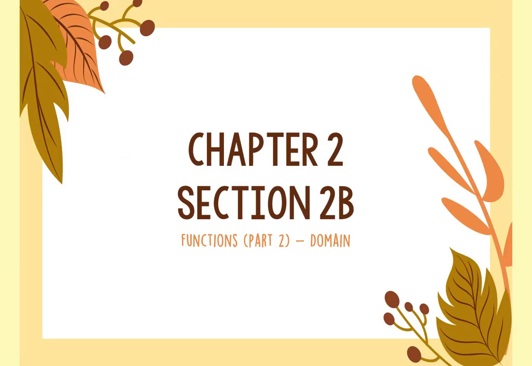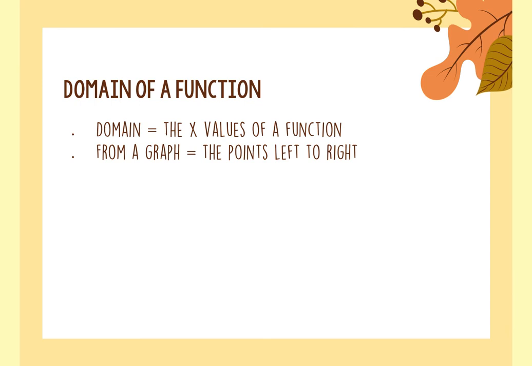All right, so 2b, part 2 of 2, is domain. Domain is, by definition, all of the values of x that you can use. So all of the x values of a function, okay? If you're given a set of coordinate points, then the domain would be all the x values.